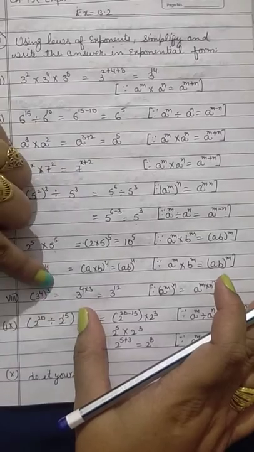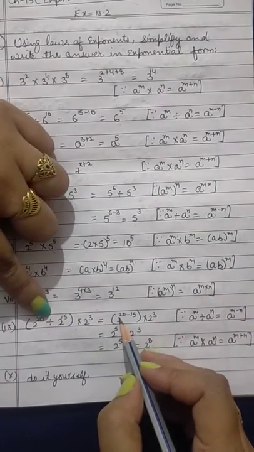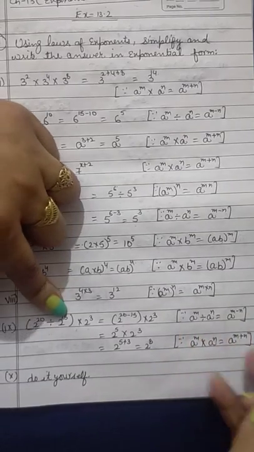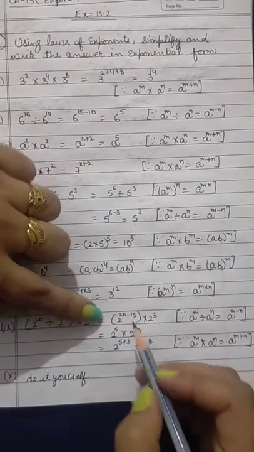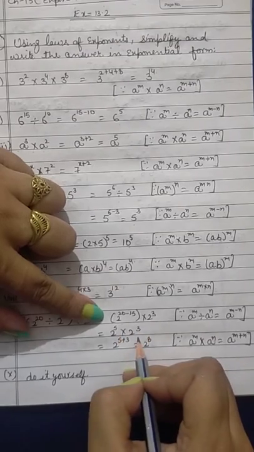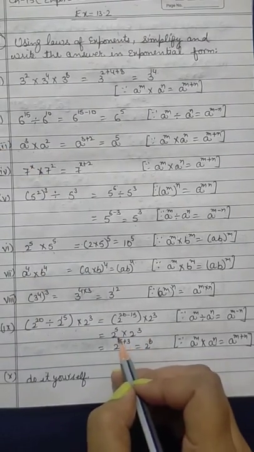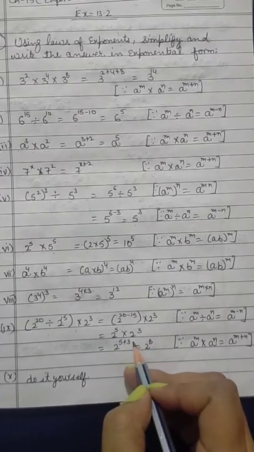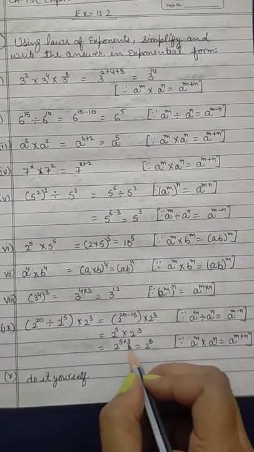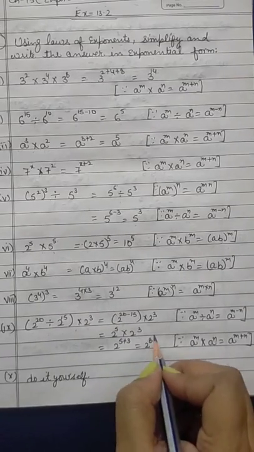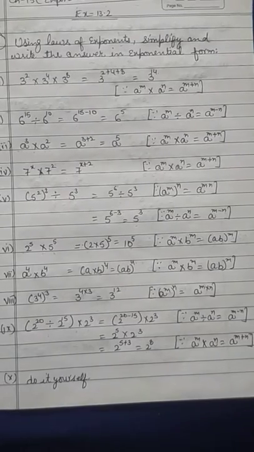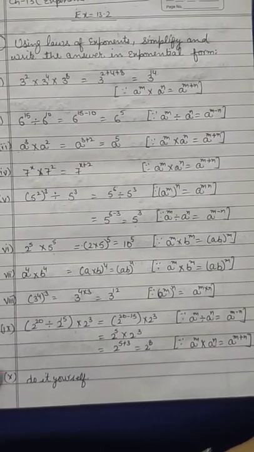We write 2 raised to power 20 minus 15 multiply 2 raised to power 3, and write the law which you have used here. Then we got 2 raised to power 5 multiply 2 raised to power 3 again. The powers are different but bases are the same, with the multiply sign, so again we'll add their powers. So write 2 raised to power 5 plus 3, that is 2 raised to power 8, and write the law which you have used. And in the same way you can do the next part yourself.